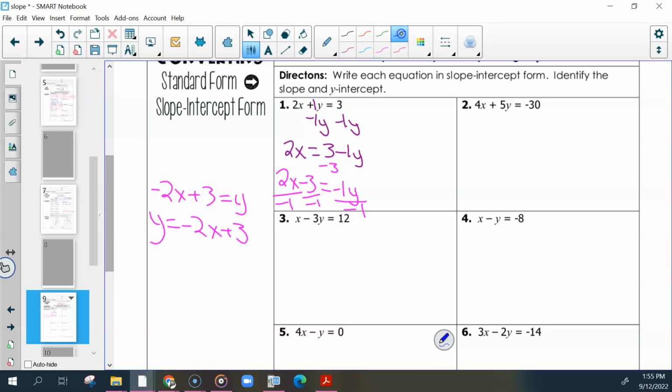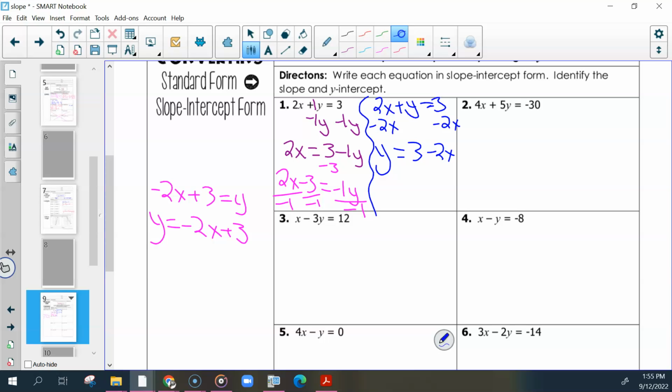Anyone know the other way we could have done this? Subtract 2x on the other side. So here, I put it exactly as it was being subtracted, 3 minus 2x, but this is not in slope-intercept form.